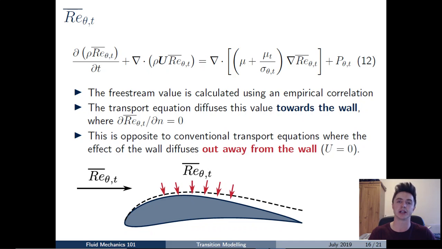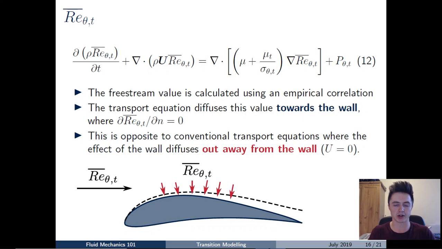So the diffusion is really from the surface and from the wall into the flow, and you can really see this in the development of a thermal or momentum boundary layer. We have a uniform free stream, and then the momentum that's taken out of the flow by that wall diffuses into the flow. And this is opposite to what we have in this transport equation, where the free stream value of Re-theta T diffuses in towards the surface, and that's the way you want to think about it.